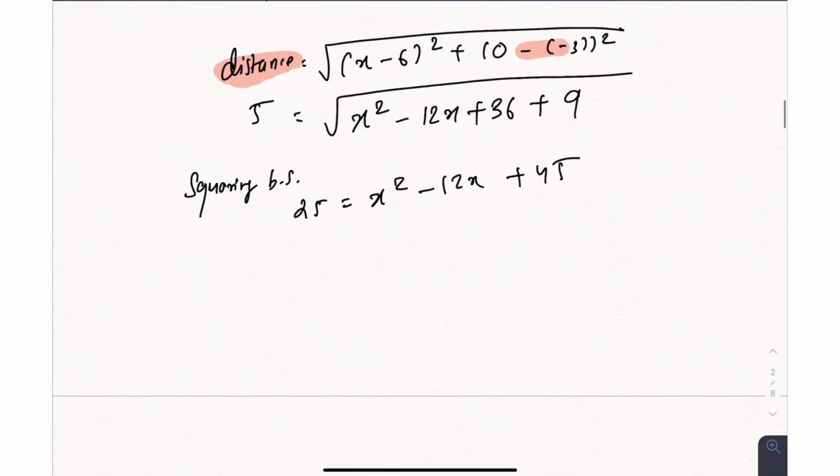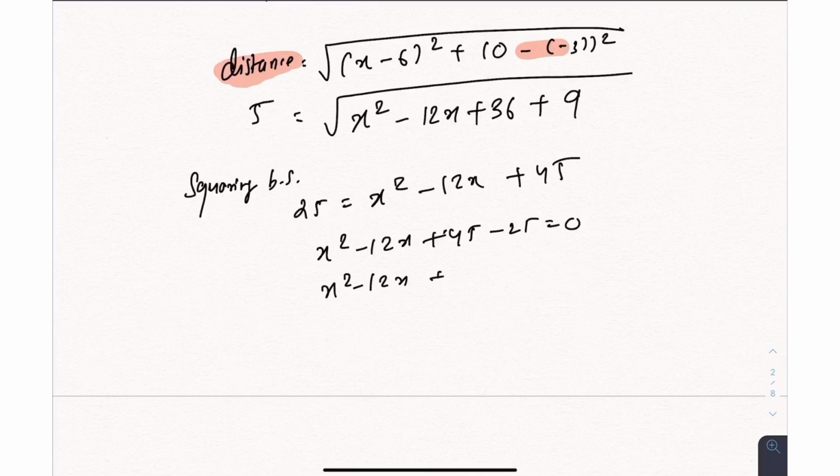Now bring all the terms on one side. You'll get x square minus 12x plus 45 minus 25 is equal to 0. When we simplify, we'll get x square minus 12x plus 20 is equal to 0. Now since it's a quadratic equation, we have to find factors of 20 in such a way that when we multiply those two numbers, we should get plus 20, and when we add them, we should get minus 12, because this method is called splitting the middle term.